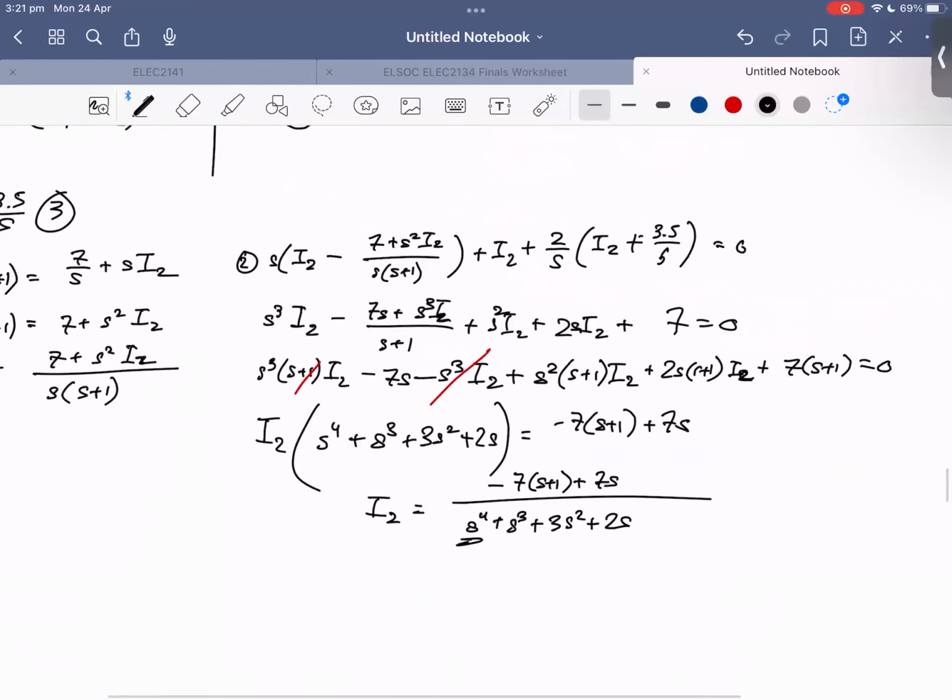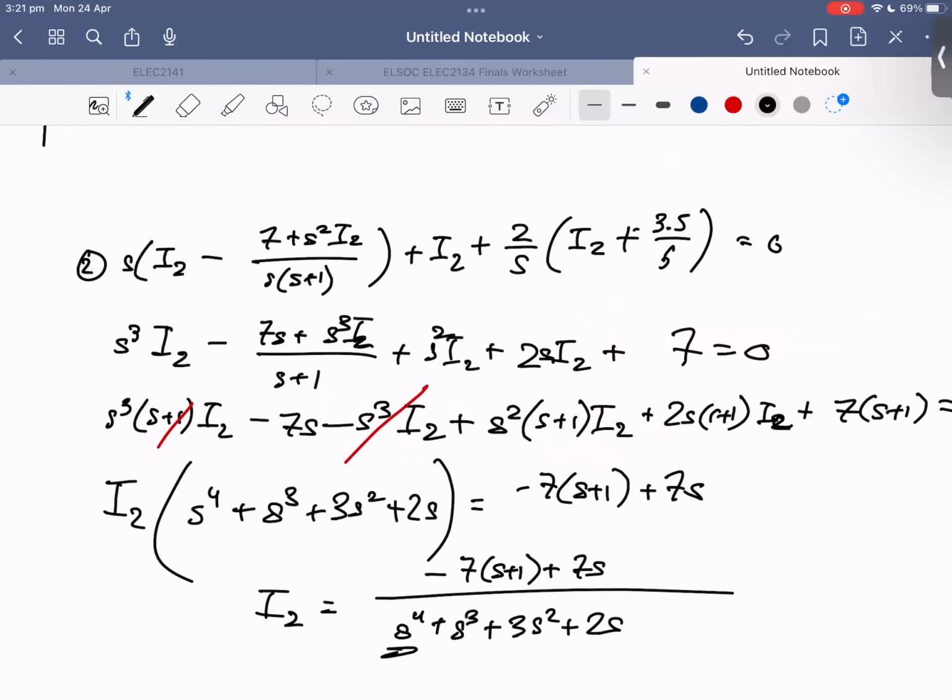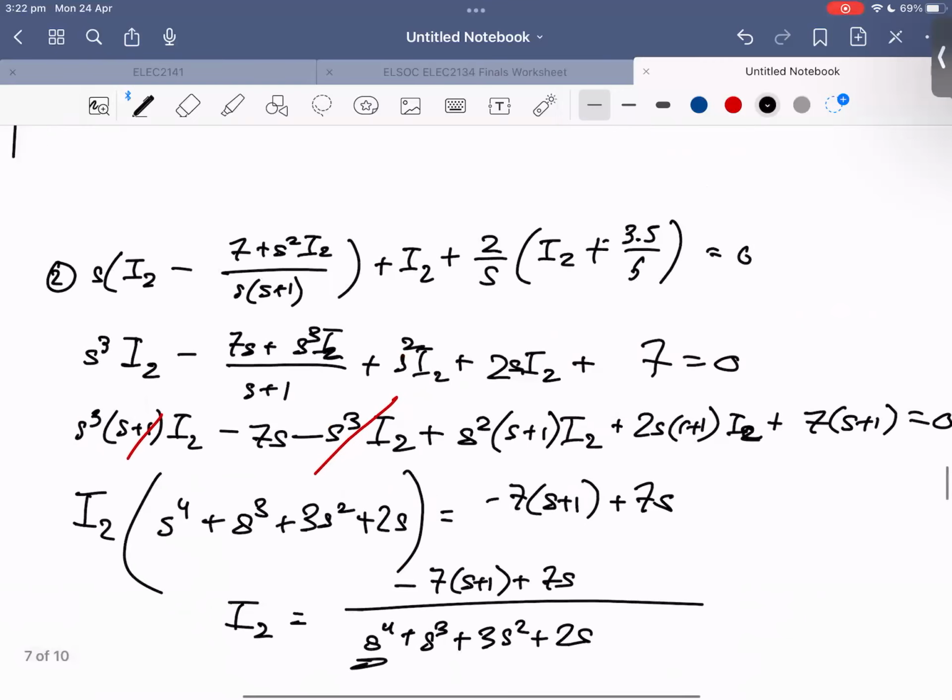Sorry, a quartic power here. So I'm just trying to see where I went wrong. If anyone has a clue, let me know.